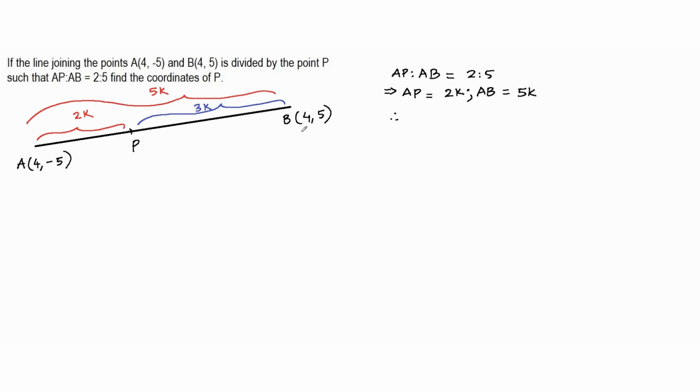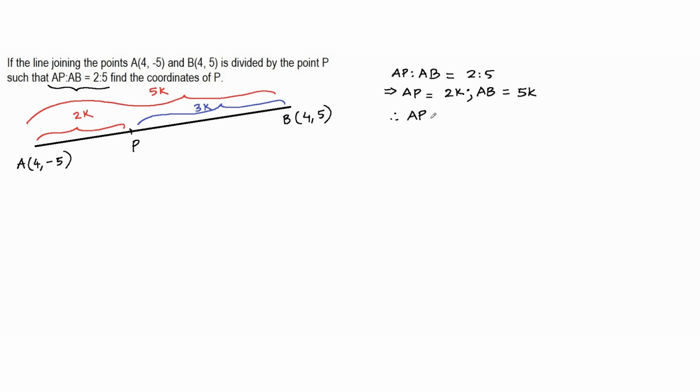Please note that in the section formula we need AP is to PB and not AP is to AB. But because the ratio given is AP is to AB, I used this idea to find the ratio of AP is to PB.